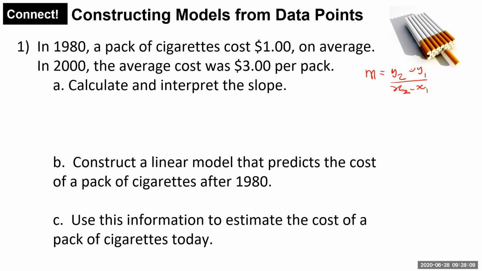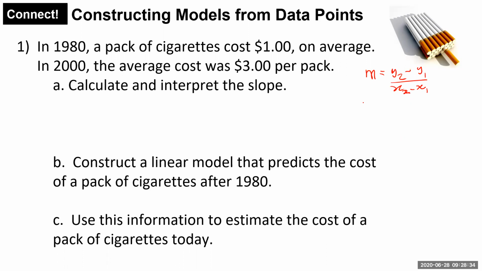Okay, this is a minus. Now, first you have to put your numbers in coordinate form. It says in 1980, a pack of cigarettes costs $1 on average. In 2000, the average cost was $3 per pack. So how do you do that?